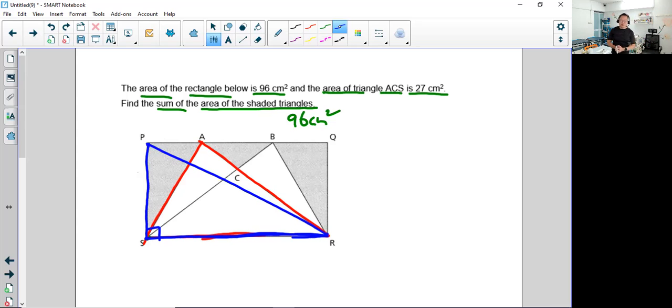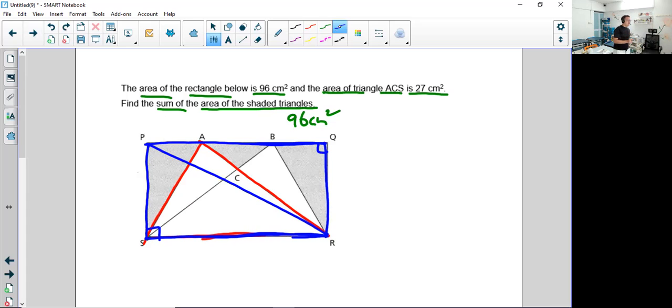So that blue triangle is the same area as the red triangle. And what area is that? Do we know what area the blue triangle is? Yes, we can find the area. Why do I draw a right angle triangle? So that I can form a rectangle with another blue right angle triangle.